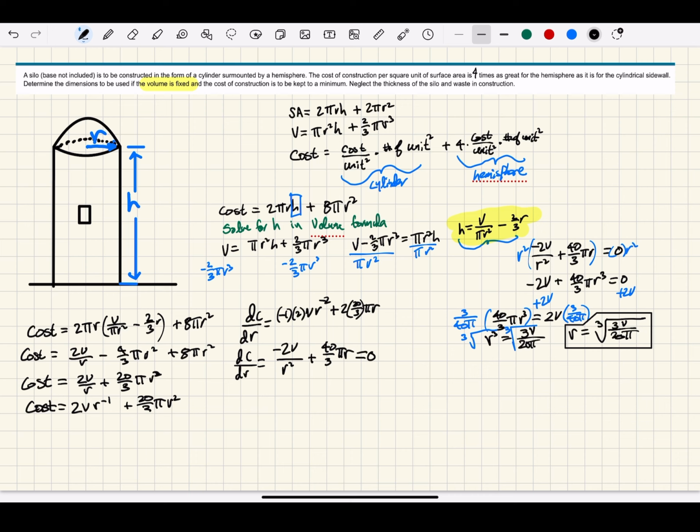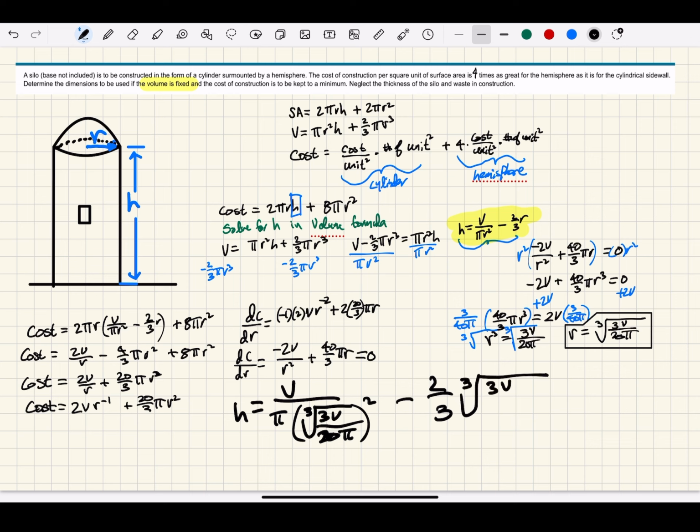Now that we have an expression for the radius, we can substitute that back into the expression for the height. So we have h equal to V over pi times (the cube root of 3V over 20 pi) squared, minus 2 thirds times the cube root of 3V over 20 pi.